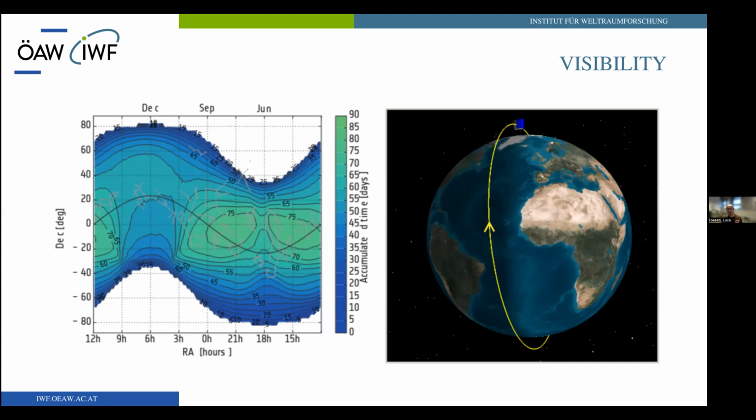One other thing that is interesting to know is that CHEOPS visibility is essentially orthogonal to the original TESS visibility map. TESS was constructed to look most of the time at the poles, and very little at the equator.